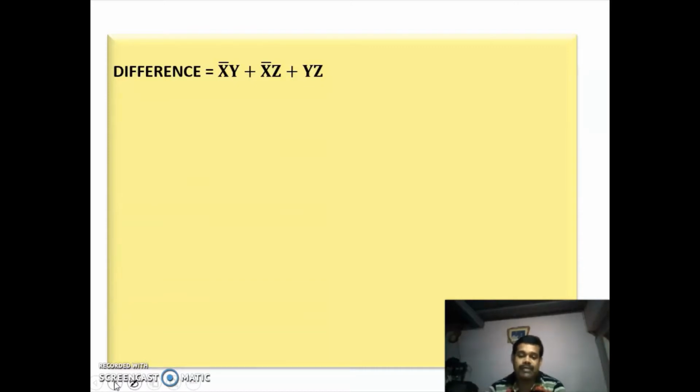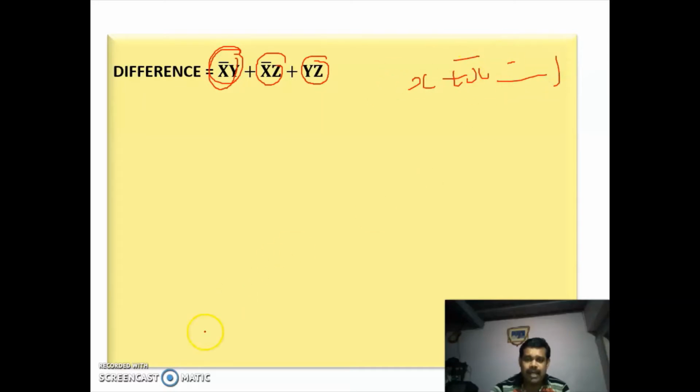Next we have to modify this expression in order to implement it using two half subtractors. While doing this problem, you must remember that you should not modify the term x bar y. In the other terms, a literal is missing. Multiplying 1 with a number will not change its value, and we know that x plus x bar is 1, and similarly y plus y bar is 1.